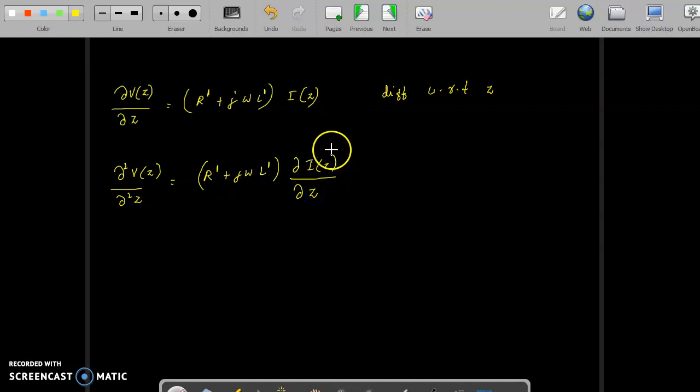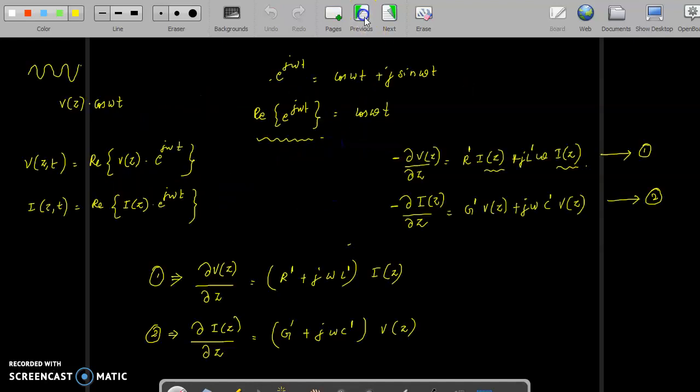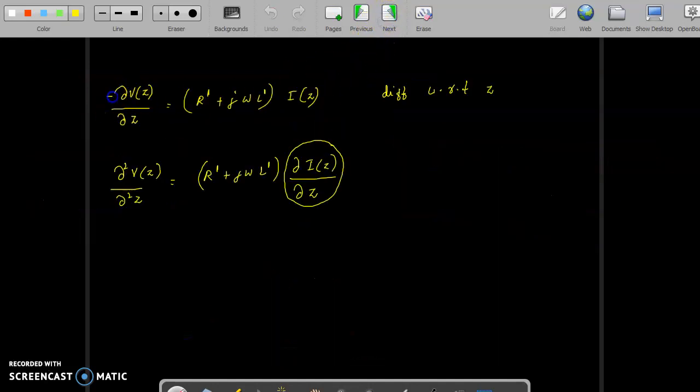We know the expression of this term, which we already obtained here, so I am going to substitute it there. If you see here, a minus term is there, and the same minus term will come here.